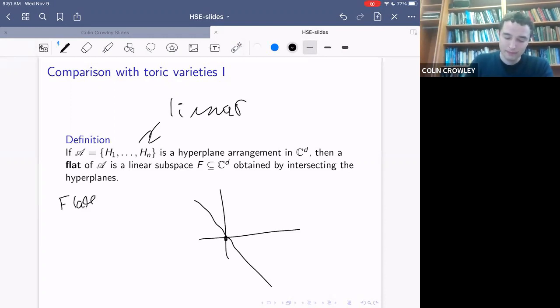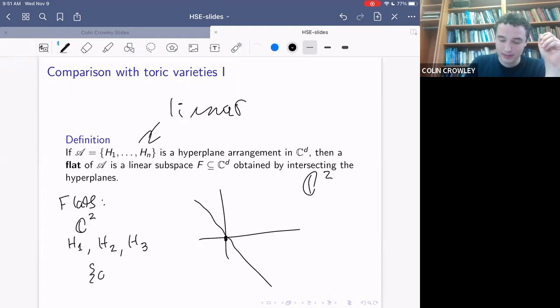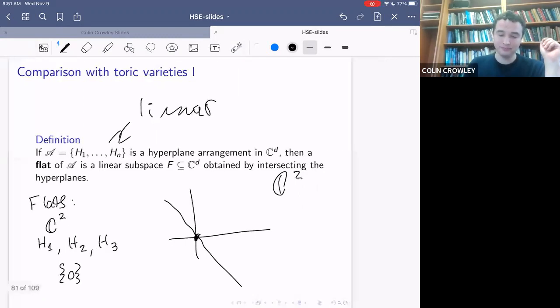They are C^2, so the empty intersection of hyperplanes, I say, is just C^2. This example is in C^2. There are the single hyperplanes themselves, and there is the 0 subspace, right? So really, this hyperplane arrangement stratifies C^2, and the flats are just the strata. Okay, so this is what a flat is.